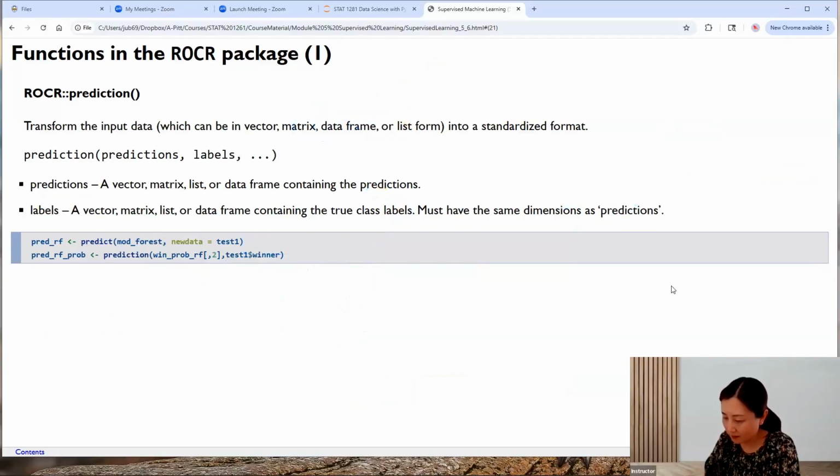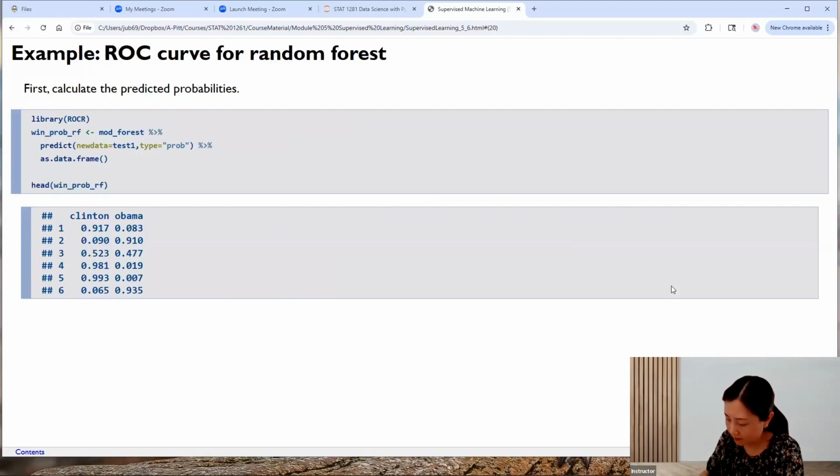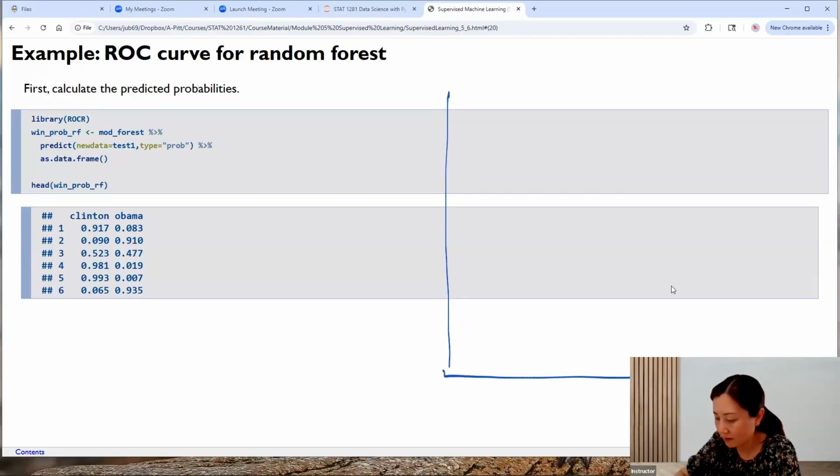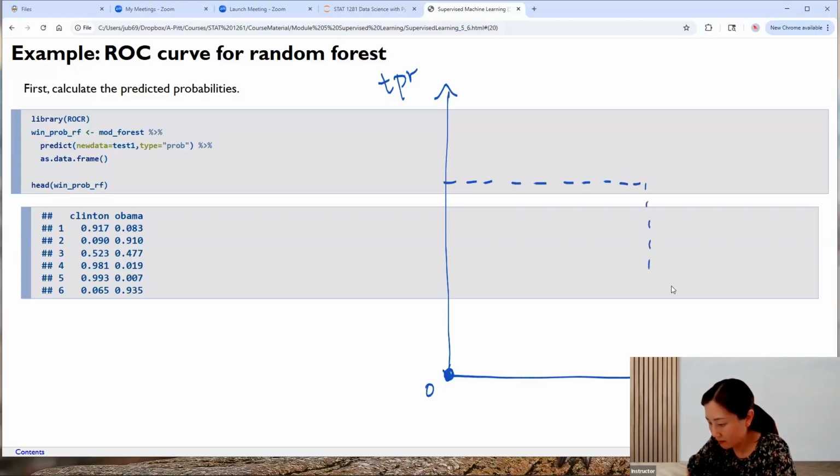Let me draw it again. It's a little bit tricky.